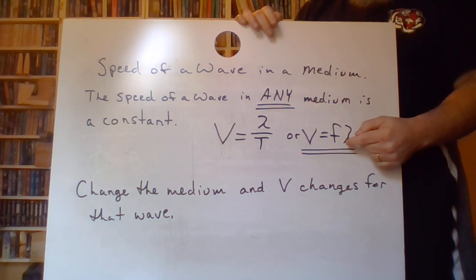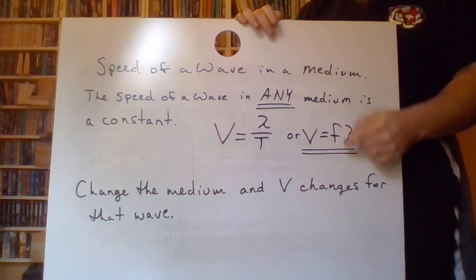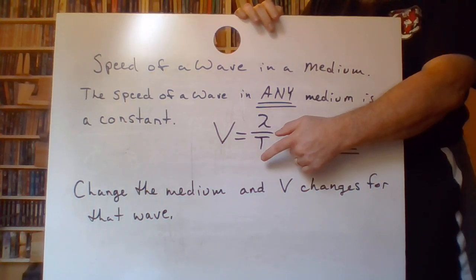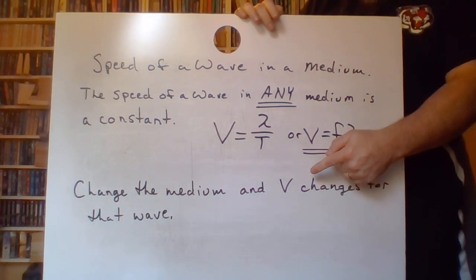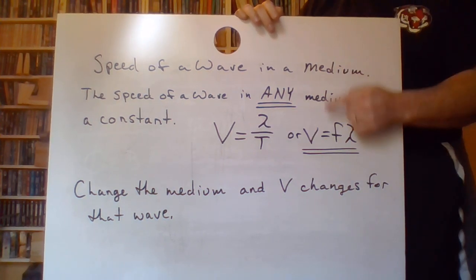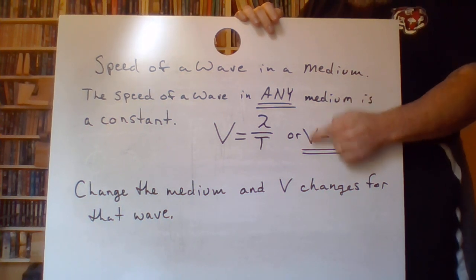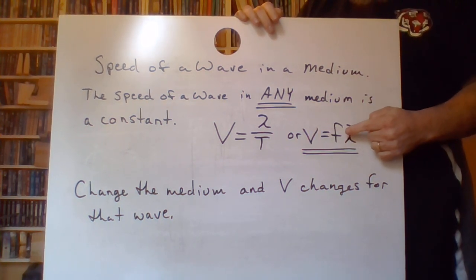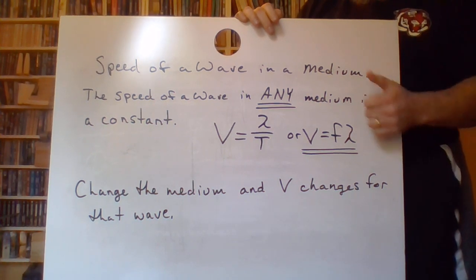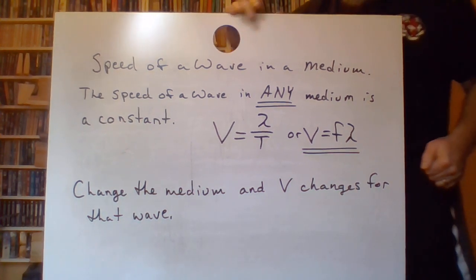But most often we talk about the wave in terms of its frequency, how quickly it's vibrating. Okay? If you change the medium, you change the speed. If you don't change the medium, but change the wave, the speed of that wave stays the same, but maybe it's a higher frequency, so it's going to be a shorter wavelength. That's the change that you're going to get. Okay?